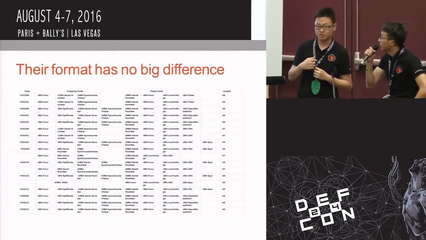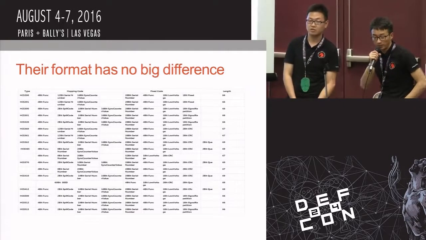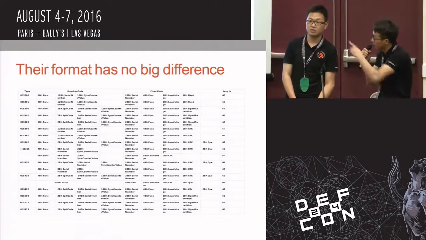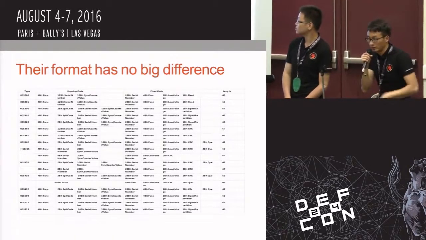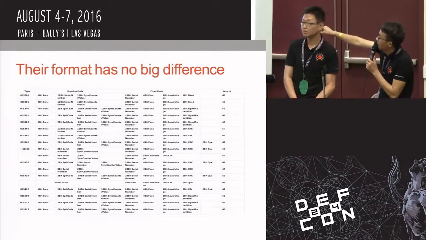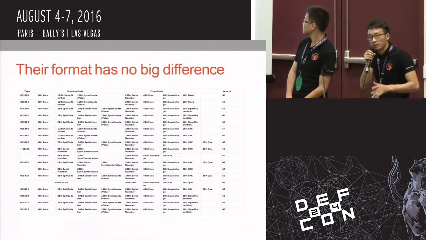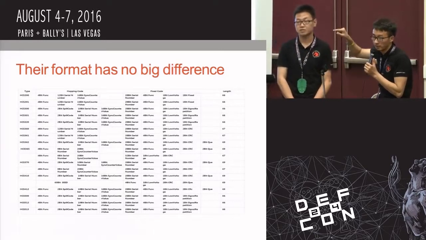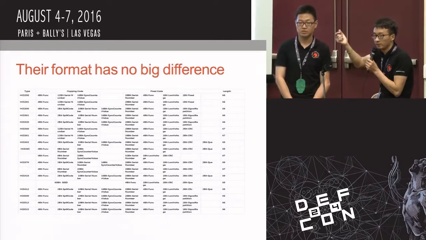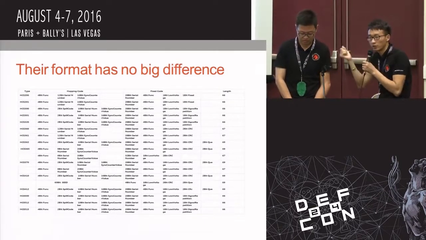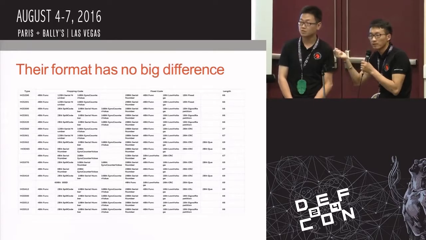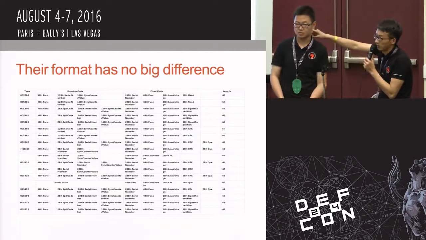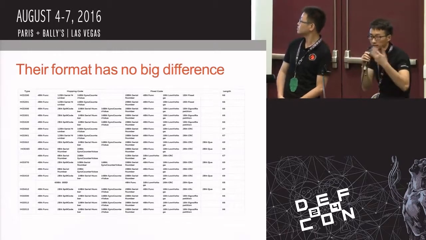Actually, there are many wireless chips used in key fobs. These are the specific chips, and this table is telling us that the format of the transmitted signals, like the function code and the rolling code mentioned before, are very similar. So we will take a specific chip as an example to do the analysis.